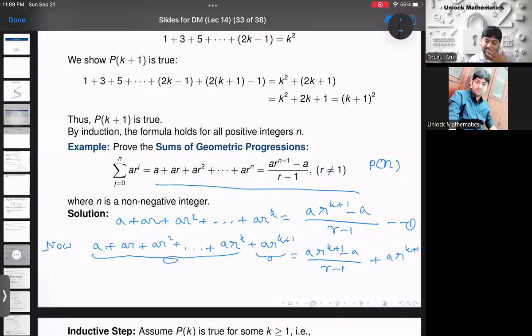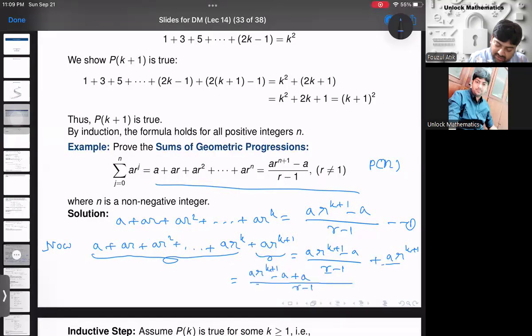Right? Now I have to get this right hand side expression in the form of Pk plus 1. Now what we can do, you take that r minus 1 as the denominator, so do the LCM and then just add them: a r to the power k plus 1 minus a, then r minus 1 into this, so what will happen?